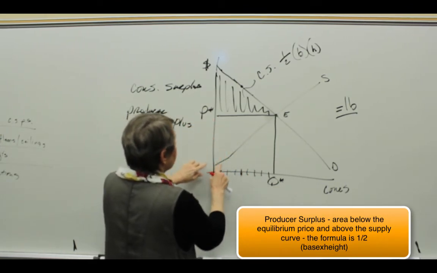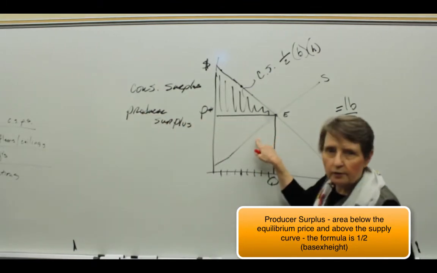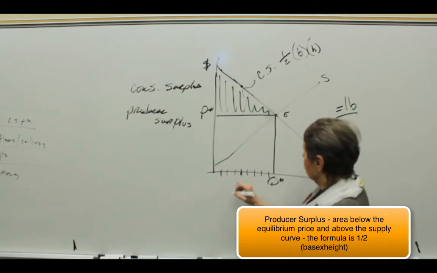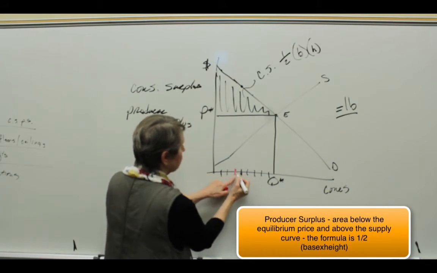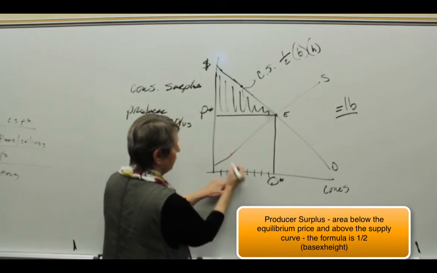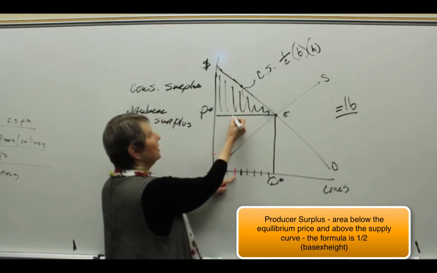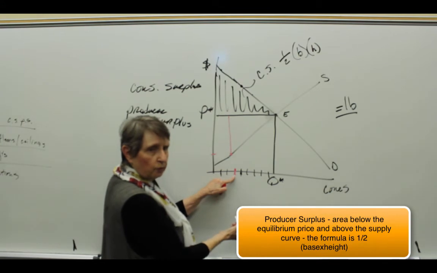And so what we know is the producer, this supply curve tells us the price it takes to entice him to put that cone on the market. So let's look at this cone right here. The producer says, if I can get this price for it, I'll put this cone on the market. But the producer's going to get this price. So there's all of this producer surplus with that cone.